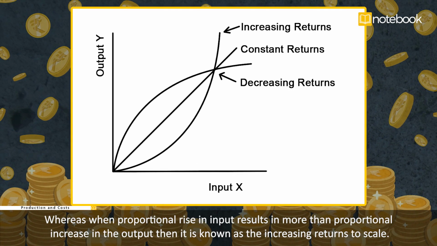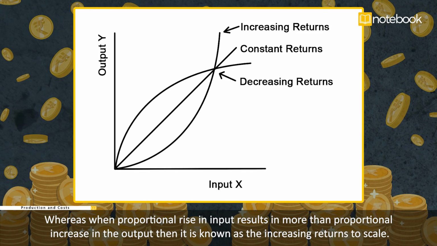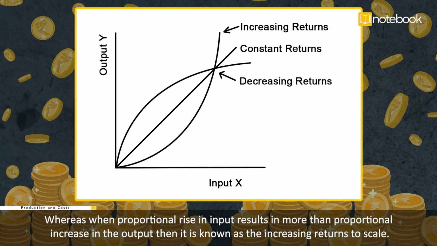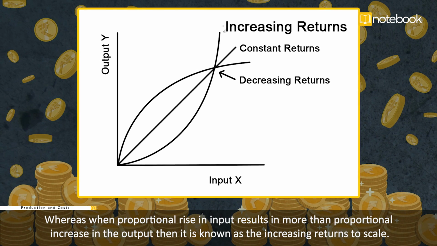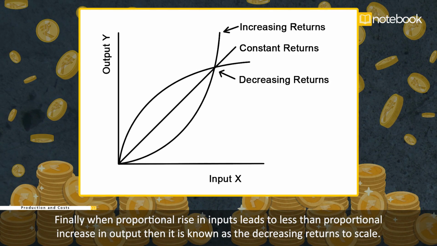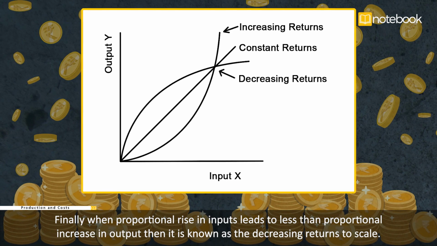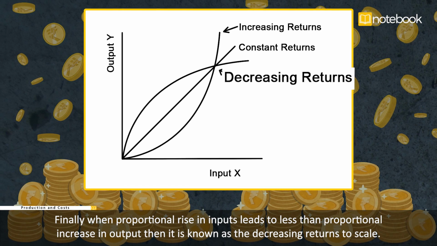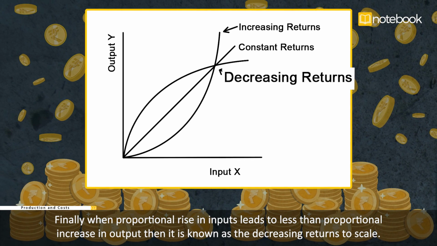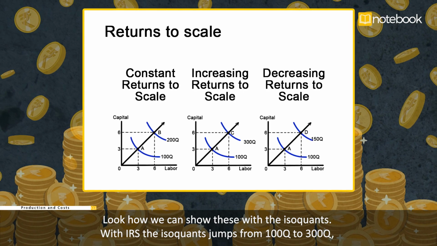Whereas, when proportional rise in input results in more than proportional increase in the output, then it is known as the increasing returns to scale. Finally, when proportional rise in inputs leads to less than proportional increase in output, then it is known as the decreasing returns to scale. Look how we can show these with the isoquants.